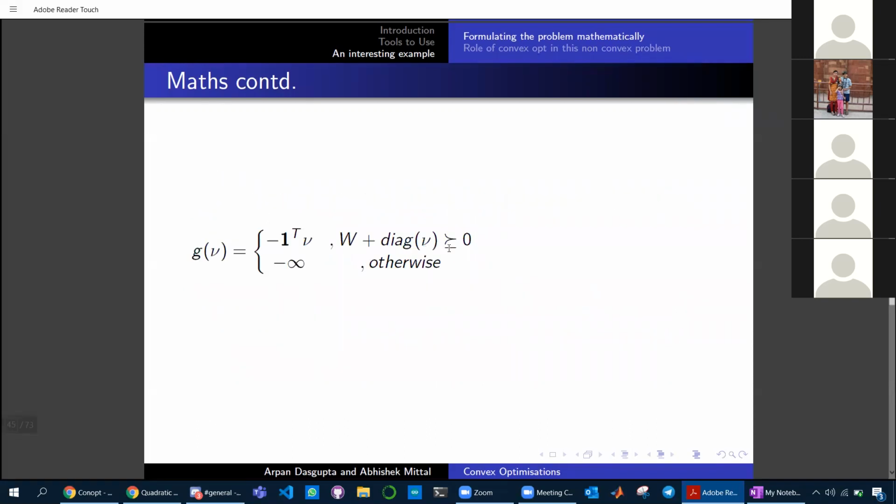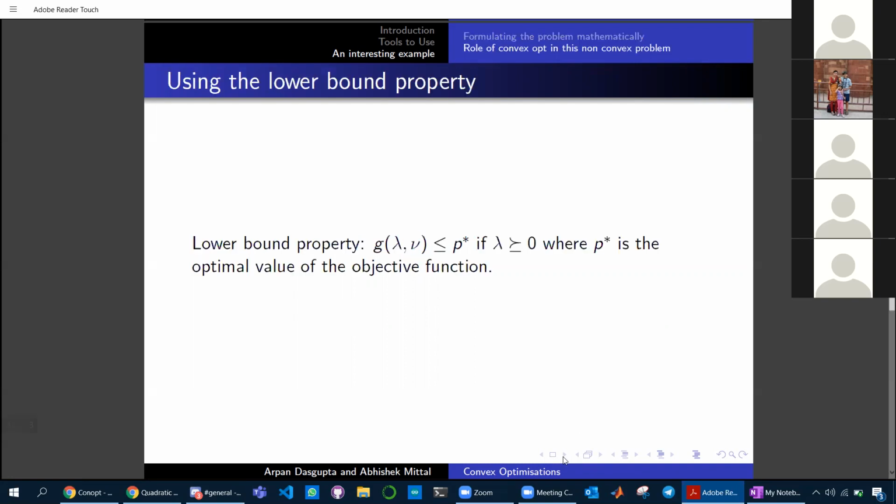Now that I've simplified my function, I'm going to use the lower bound property to find a relationship between this dual function and the optimal value of the original problem.